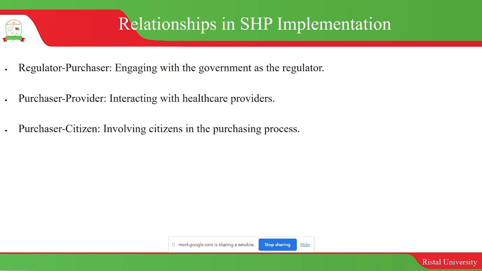Basically, the government can decide to get another entity that will provide the health services to the citizens. So the government becomes the regulator. The government determines what services are supposed to be provided and to who. So there is a complex network of relationships between the regulator, the purchaser, and the citizen.